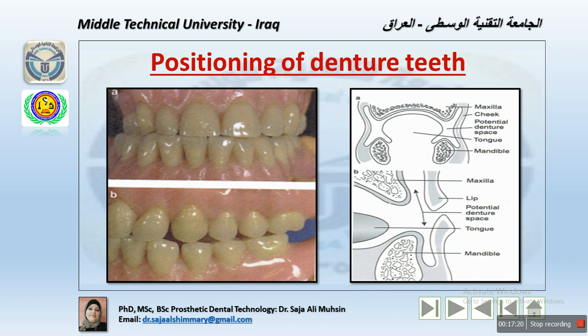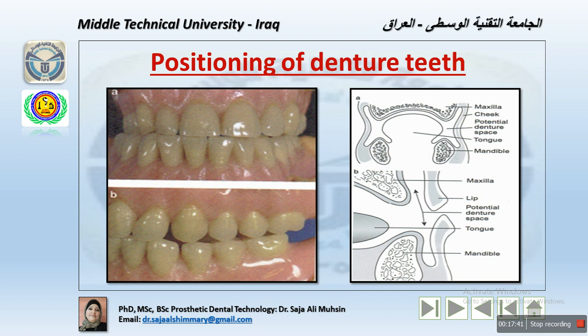Now, the shape, the size, and position of the anterior teeth provide the primary aesthetics of the denture. There are two occlusal schemes that may be used when designing the posterior teeth contacts: balanced, natural, or lingualized.